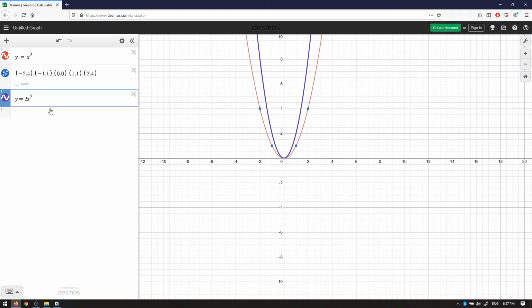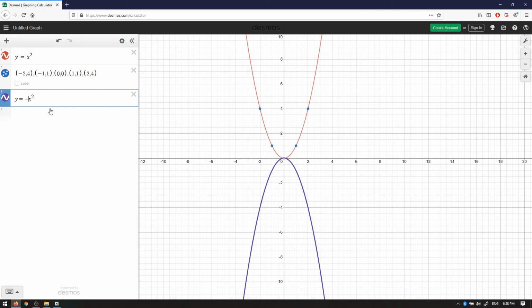This was the 2x squared example that we just saw. What if I then put a negative sign? You see, what the negative does is it basically flips the entire parabola. It reflects it down.